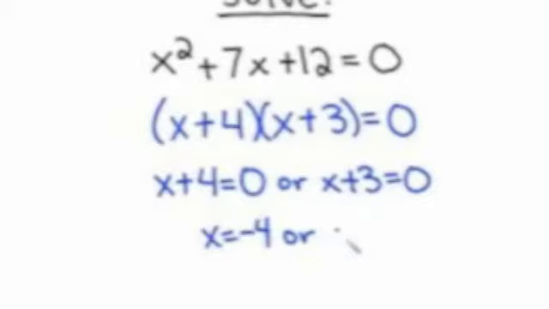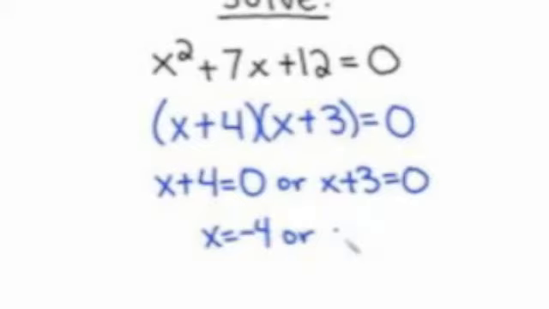Now a way you can check this is by doing the FOIL method, which is first, outside, inside, and last. With the first step, we multiply the first terms, x and x, which gets you to x squared.